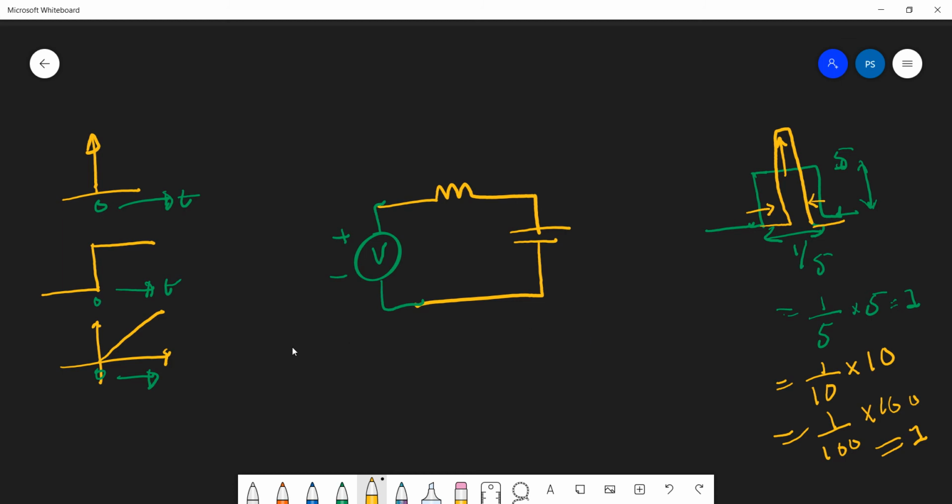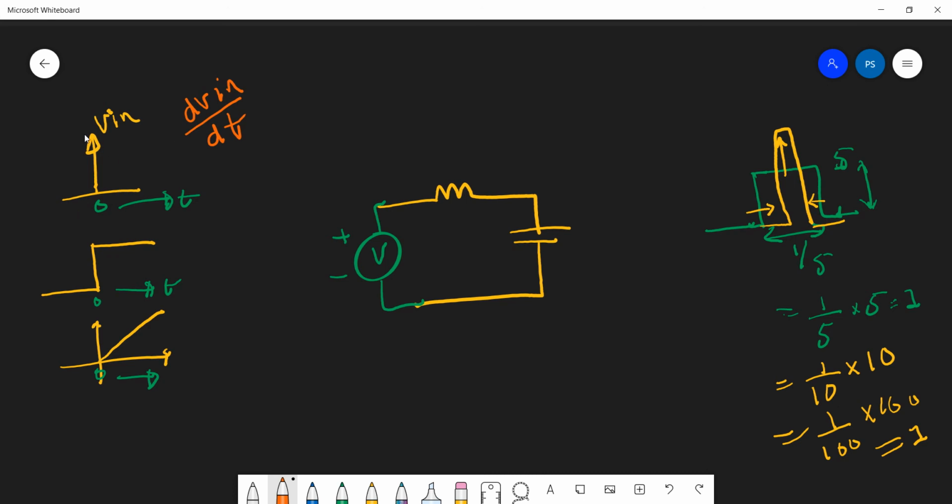This is one very important point about impulse. Another thing about impulse is it exists only at time 0. At any other time there is no signal. For example, let's say it is V in. If I take dV in by dt, if I differentiate the signal at different times, at t equal to 0, I get some signal, right?